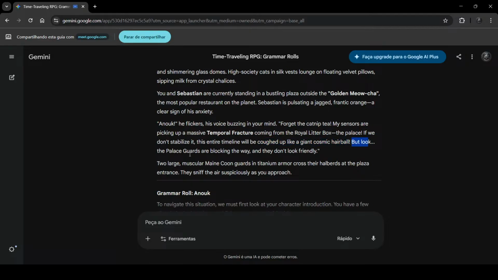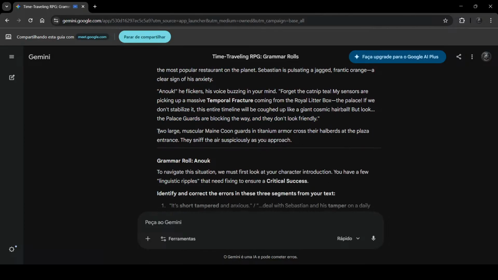But look, the palace guards are blocking the way, and they don't look friendly. Two large, muscular Maine Coon guards in titanium armor cross their halberds at the plaza entrance. I have no idea what halberds are.